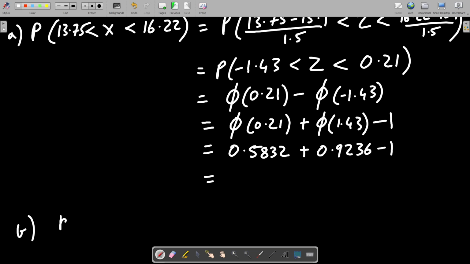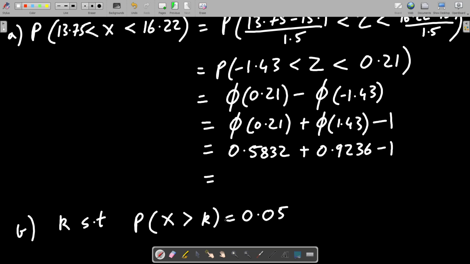So basically they want to find K such that the probability of X greater than K is 0.05, 5%.